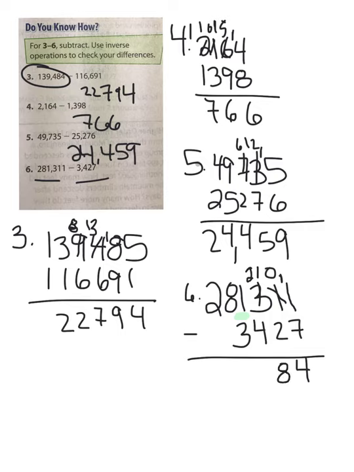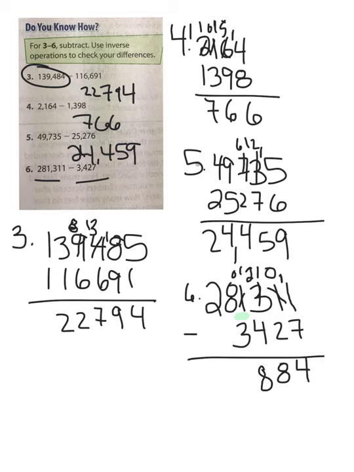We cannot take 4 from 2, so we need to go into our thousands place, borrow from our thousands place, make the 1 a 0, and add the 1 to our hundreds place. So we have 12 minus 4 is 8.